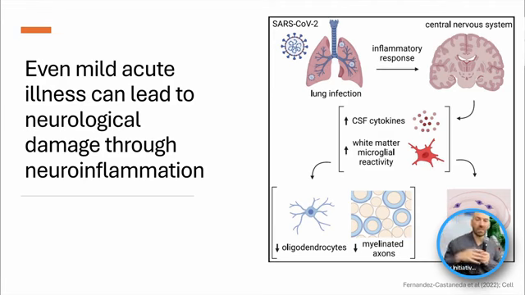So this is a study that we published in 22, a cross-species study with some amazing collaborators at Stanford, Michelle Monje and her team, where we showed that mice who had an acute mild SARS-CoV-2 infection developed this small chemokine called CCL11 that caused damage to the central nervous system and measurable damage to their white matter in their brain.